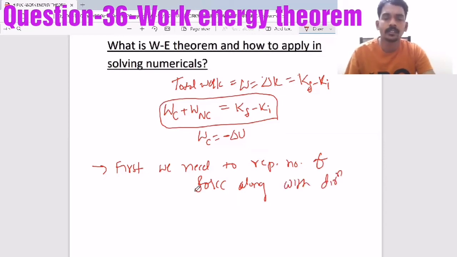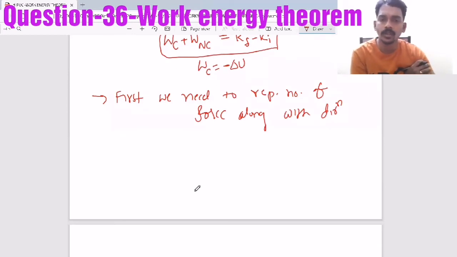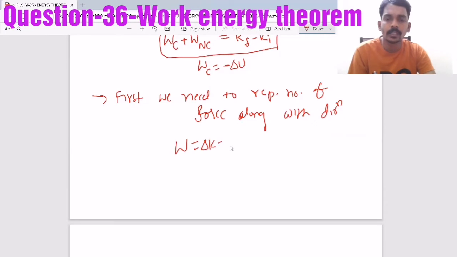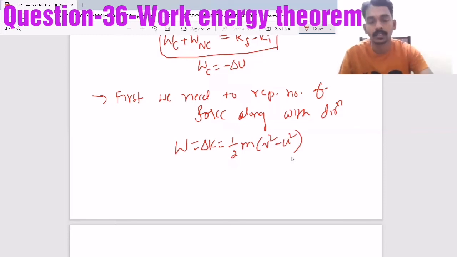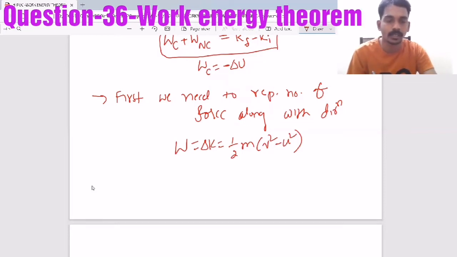After that, we will come to know which are the conservative forces and which are the non-conservative forces. Then the total work we can equate to delta K, that is half m (v square minus u square), where v is the final velocity and u is the initial velocity.